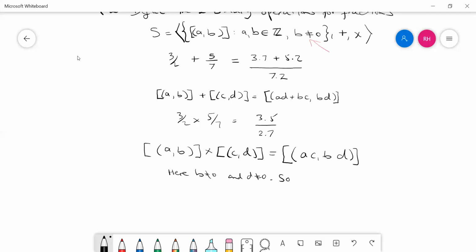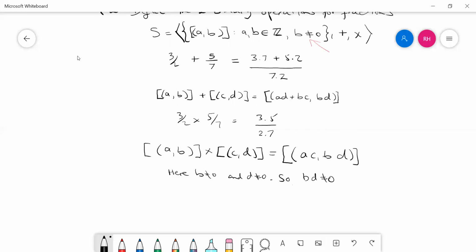So BD does not equal 0. We've got BD here and here. It's important that these are not 0, otherwise the whole thing unwinds. Because if these are 0, then this is not in S, and it has to stay in S. We can't have these fractions and then, when you're adding and multiplying fractions, end up with things that have got nothing to do with fractions.